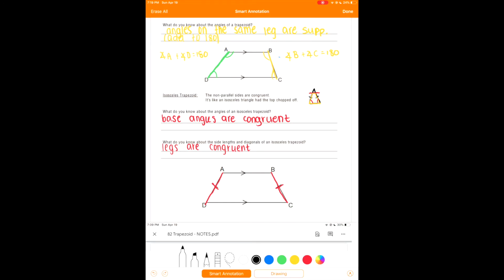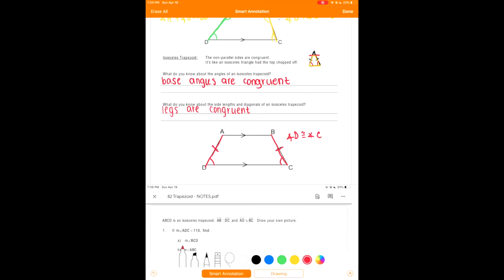So these two sides are still the same, which means that these angles are going to be equal, D and C. We also know that the diagonals are congruent. And remember, that's only when we're talking about an isosceles trapezoid, not a regular trapezoid. So I'm just going to draw in my diagonals, and I'm going to mark that they're congruent.